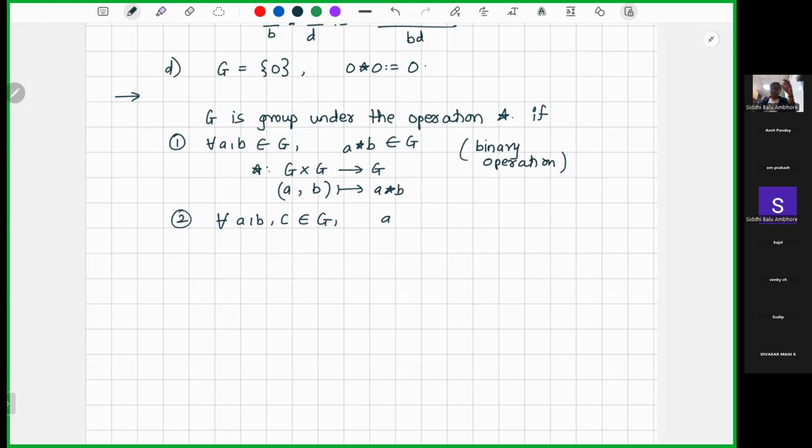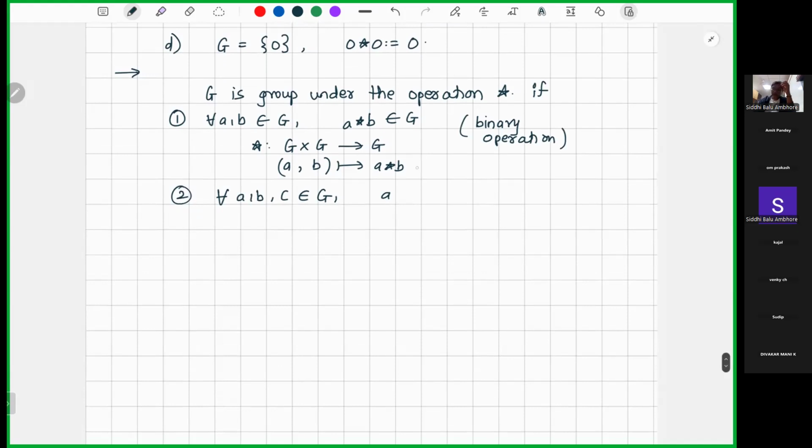This is a binary operation, that is, the operation is closed in the group. The next condition is associativity, such that (A star B) star C must be equal to A star (B star C). When I have a series of operations on three elements, operating any two first, the resultant will be equal.